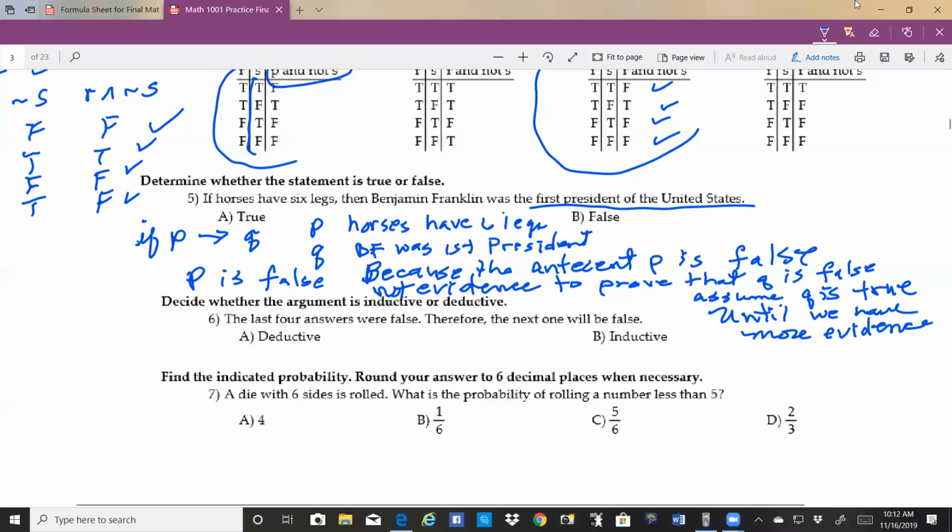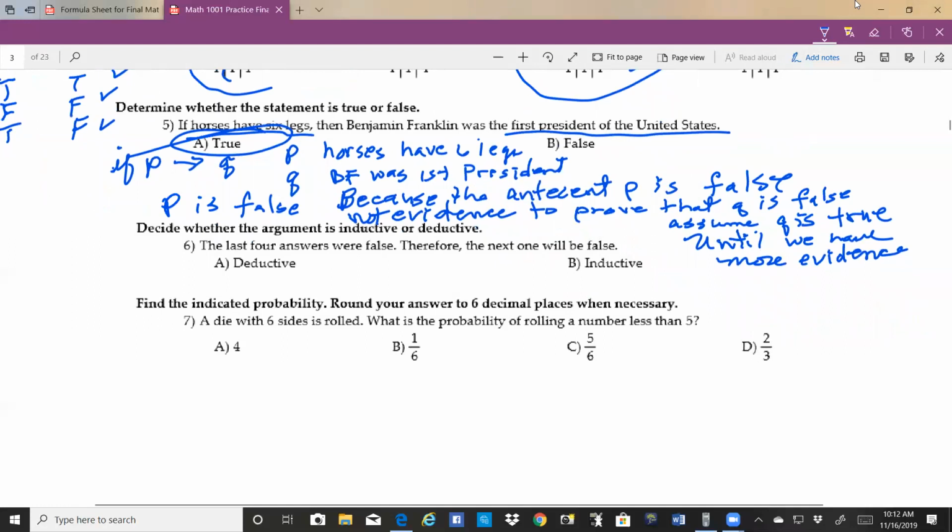But just because the antecedent, horses have 6 legs, is false, we don't have enough evidence to prove that Benjamin Franklin was not the first president of the United States. So we pick true here. And we're waiting for further evidence.